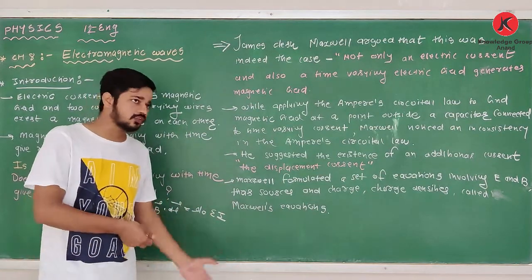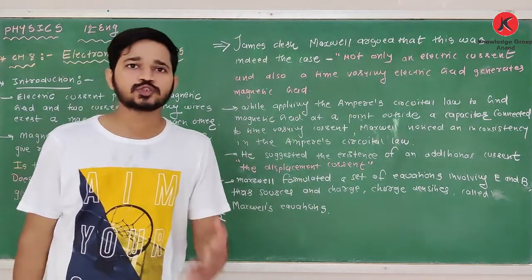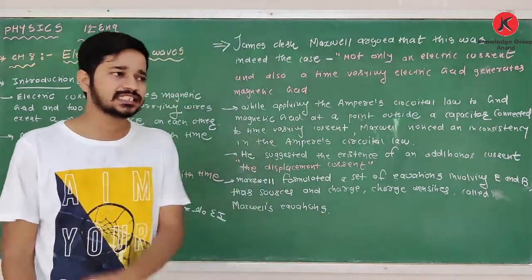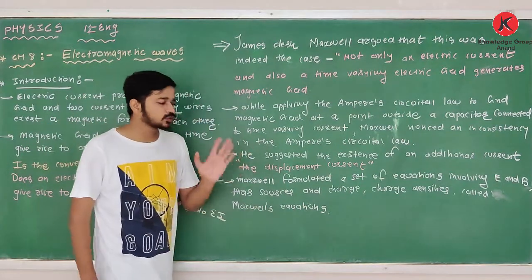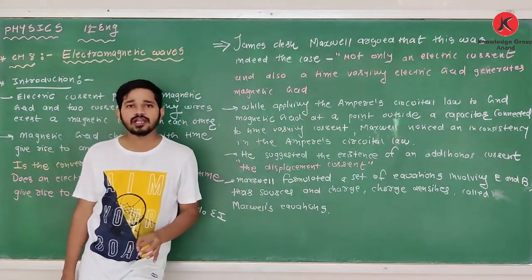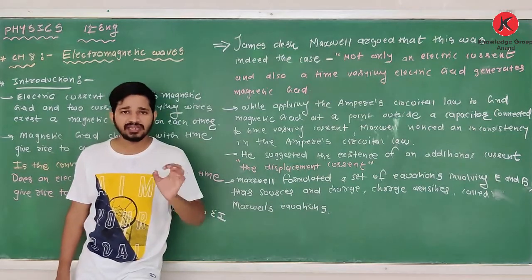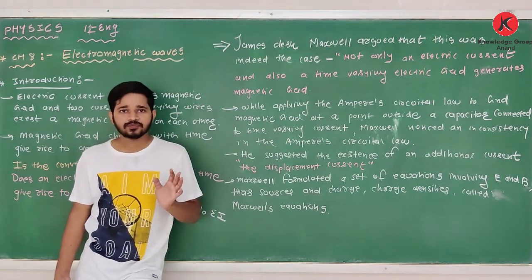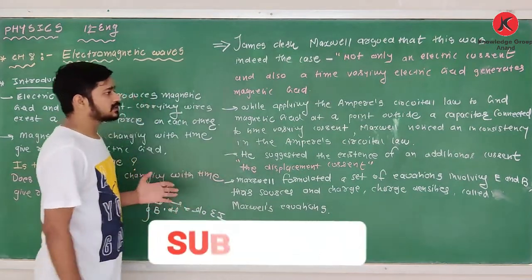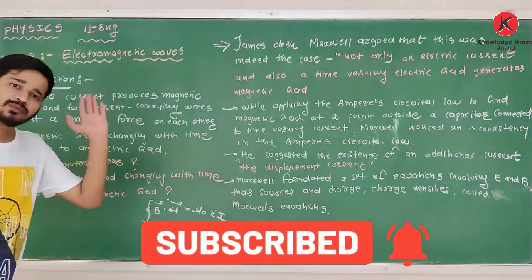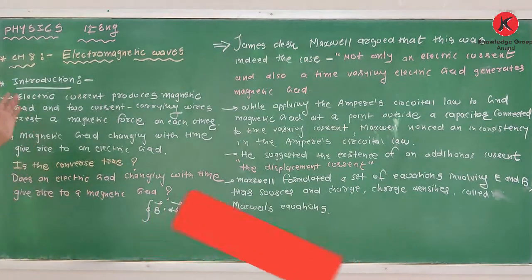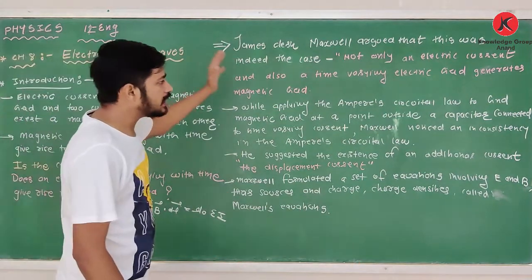After that he formulated some equations with the help of electric and magnetic fields, their sources, charge densities, etc., and such equations are called Maxwell's equations for electromagnetism. Clear about this? It is history, and you have to remember this flow from chapter number 4, then chapter number 6, now chapter number 8.